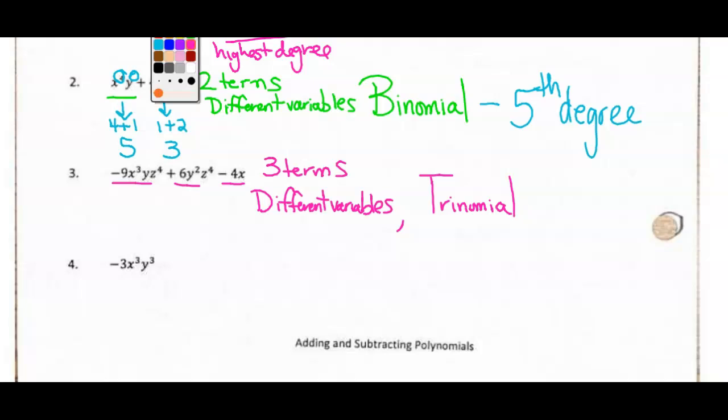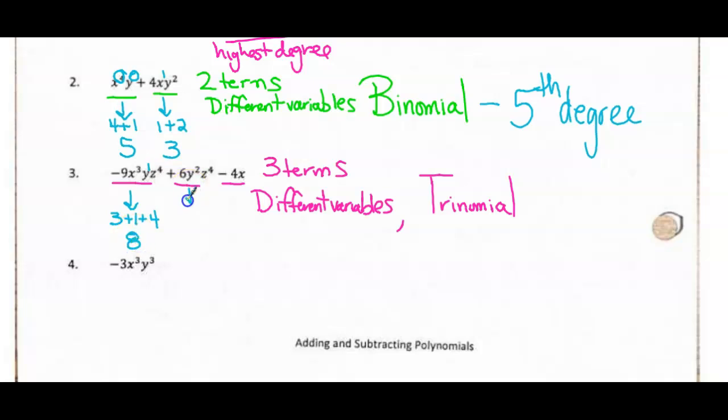Next, because it has different variables, you have to add up the degrees of each term individually. So on this term, negative 9x cubed yz to the 4th, I'm going to add a 3, I'm adding a 1, and I'm adding a 4. Now remember, I'm adding a 1 because this y really has a 1 there. So this is 8.